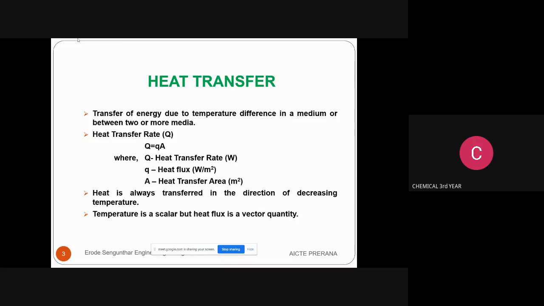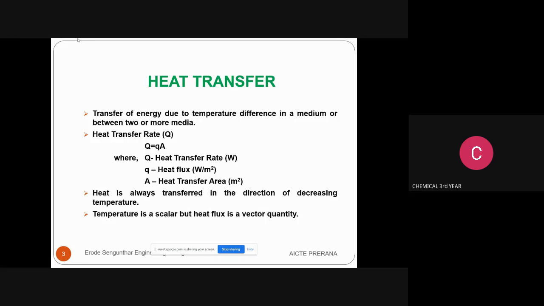Okay, so first is heat transfer. What is heat transfer? From the name itself we can easily find out. Heat is transferring from one medium to another medium, from one place to another place, right? Heat we generally mention in the form of energy.